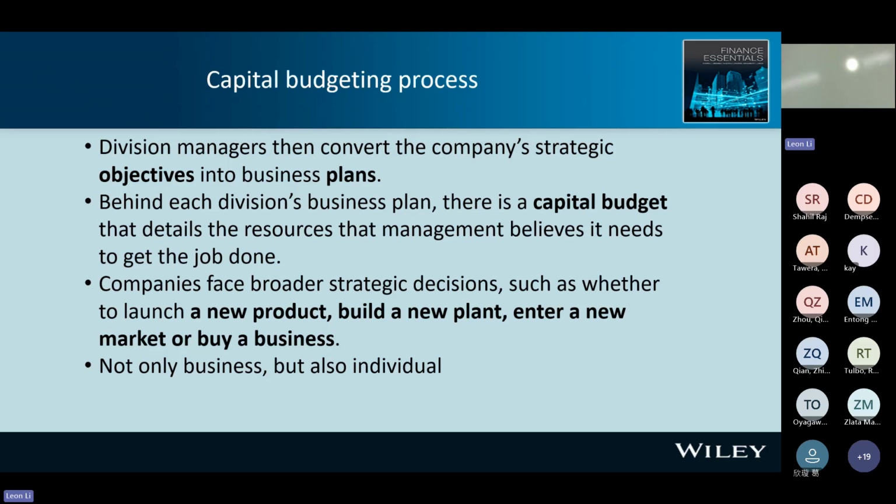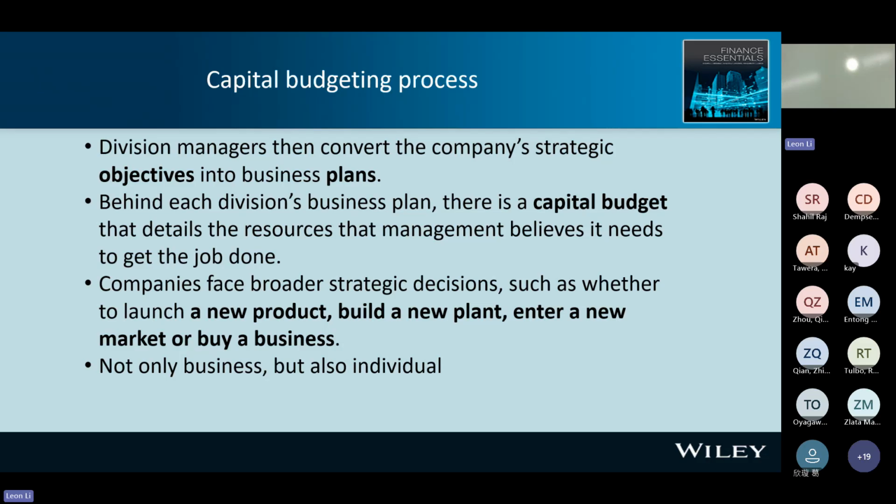So the company faces broader strategic decisions, such as whether to launch a new product, build a new plant, enter a new market, or buy a business. Not only businesses, individuals also need to make capital budgeting decisions, or project valuation decisions.